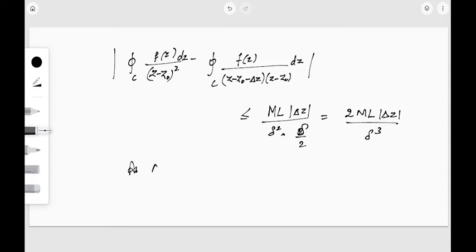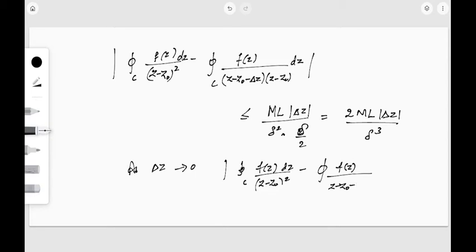As delta z tends to 0, what happens? Modulus integral over c f of z by z minus z dot square, minus integral over c f of z by z minus z dot minus delta z into z minus z dot dz, this value will tend to 0, right?